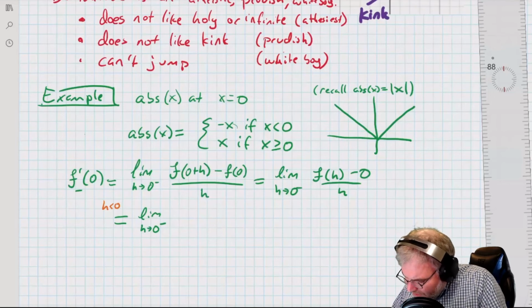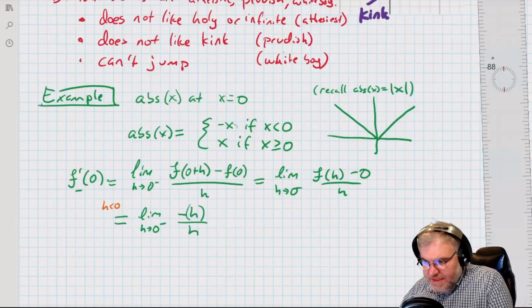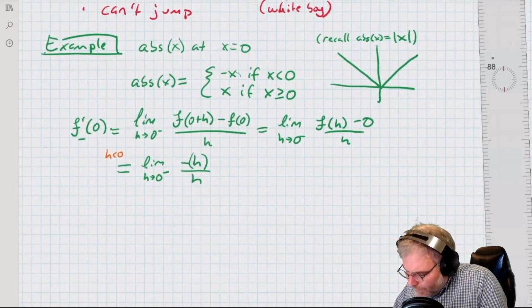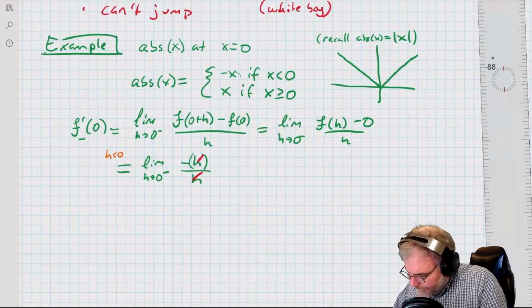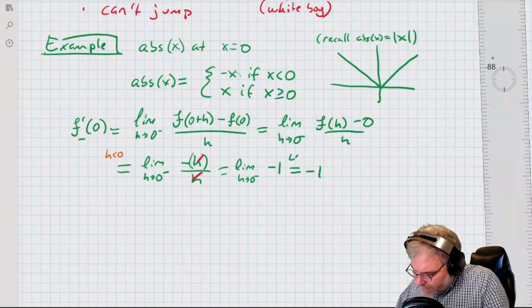So f of h is negative h over h, since h is less than 0. All right, well, this is going to cancel to negative 1. And so this is going to equal the limit as h goes to 0 from the left of negative 1, which equals negative 1 because it's just a constant.